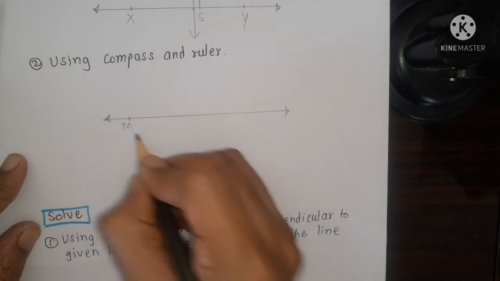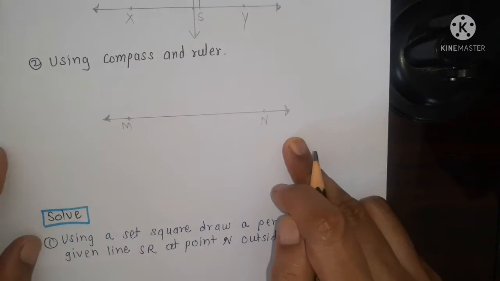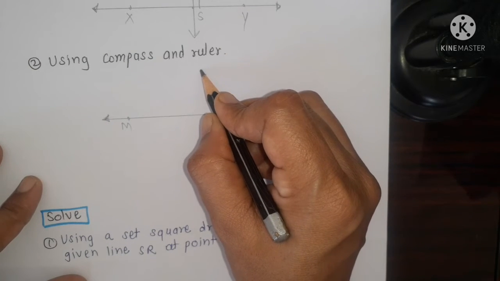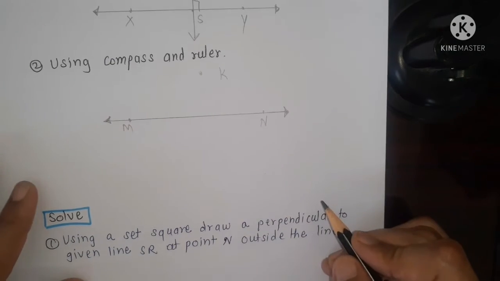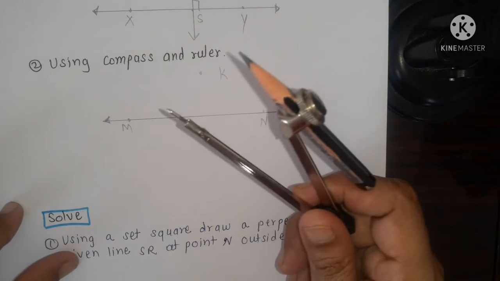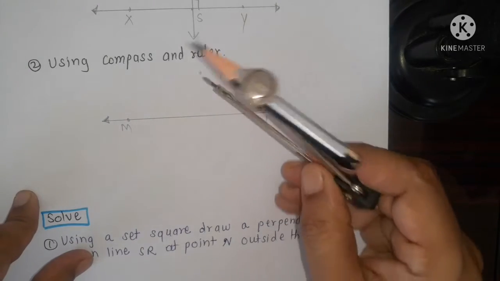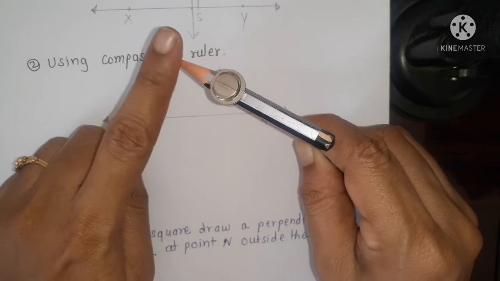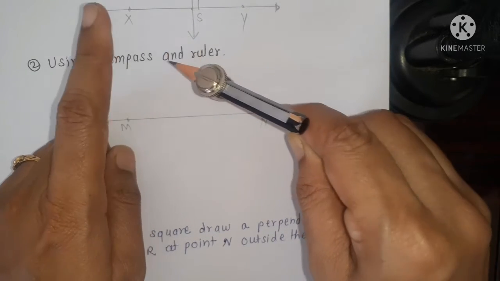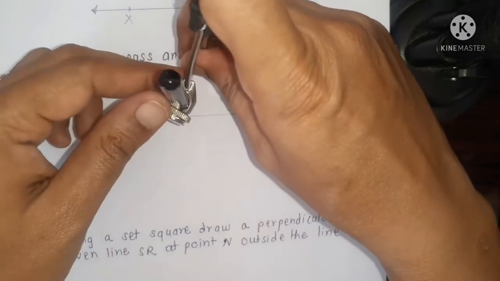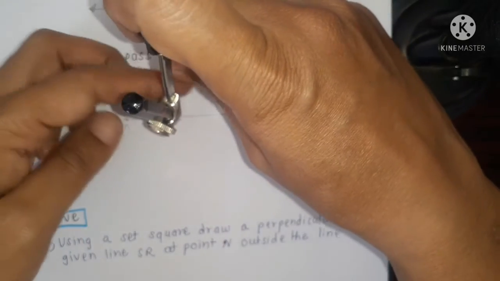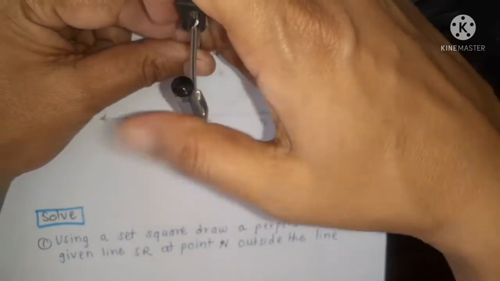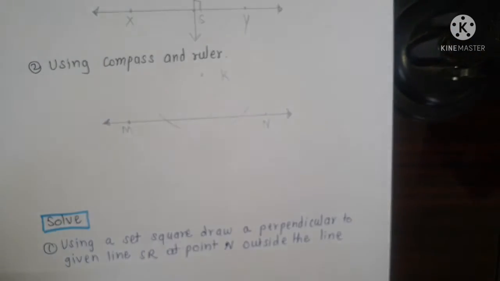Line MN we can draw, and take a point outside the line anywhere and name it point K. Now we can take a compass and place the metal point of the compass on point K, take a convenient distance and draw an arc. Draw an arc which cuts the line MN at 2 points, point A and point B.